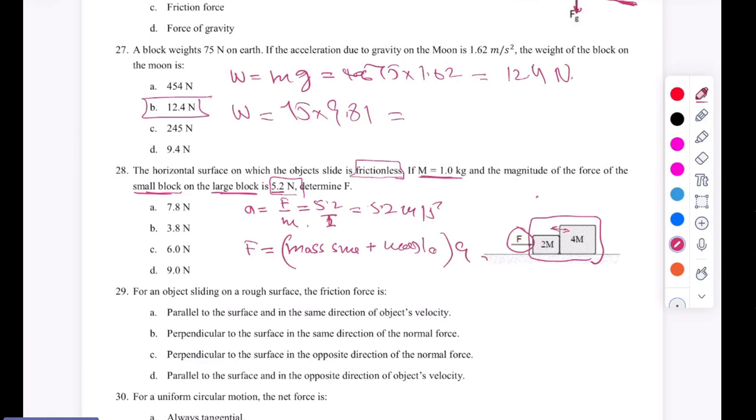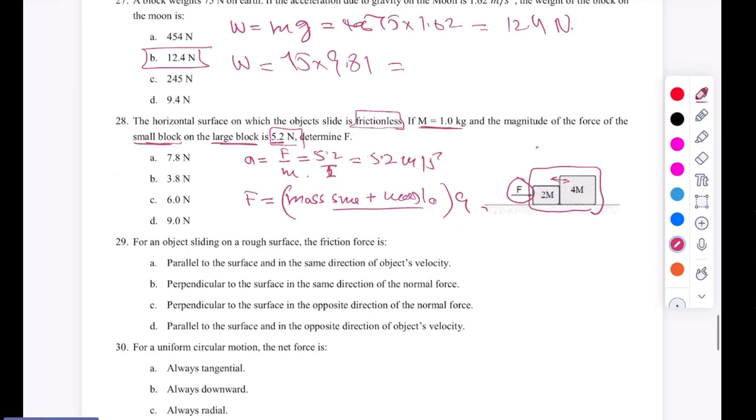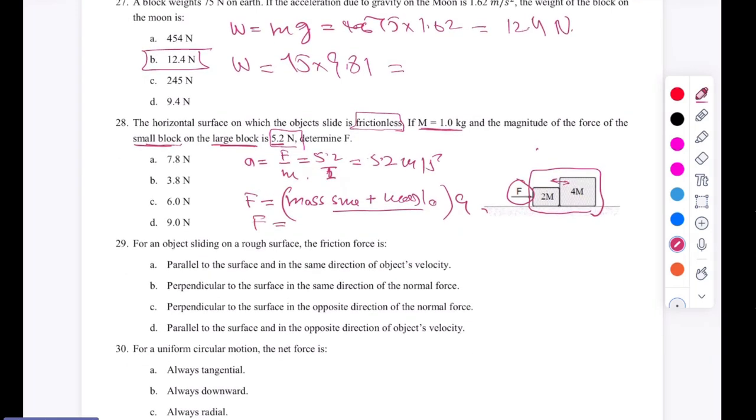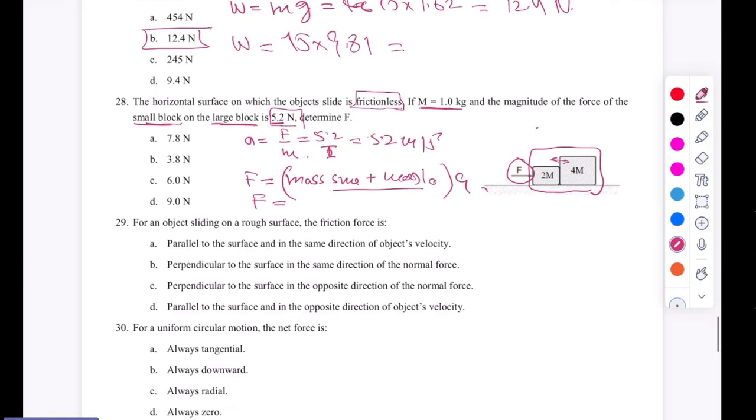So with the contact force of 5.2 and the mass of small, you will get the force, which is 7.8 Newton.